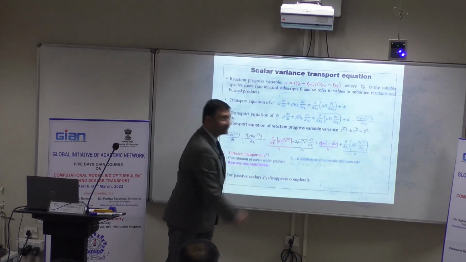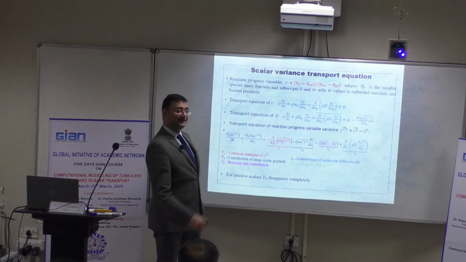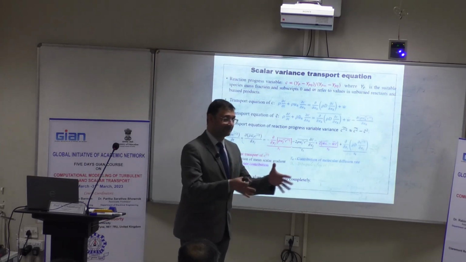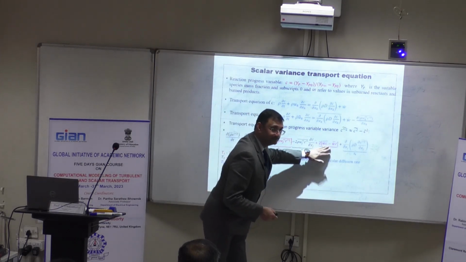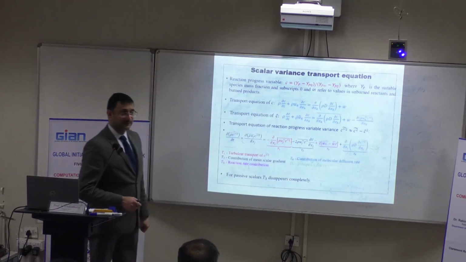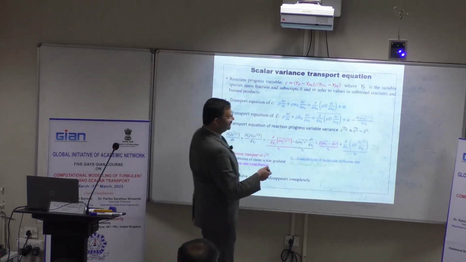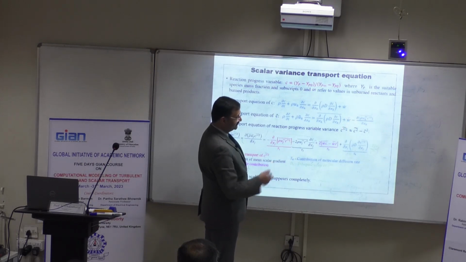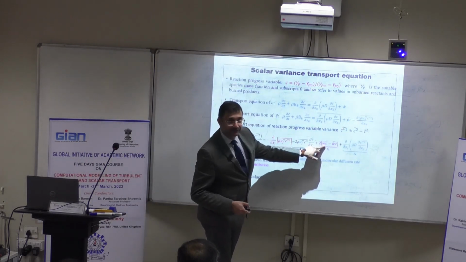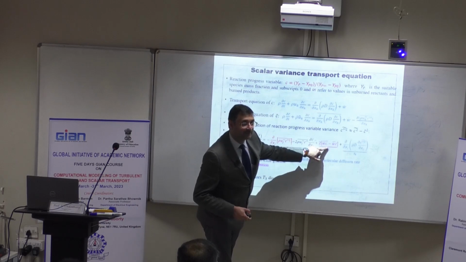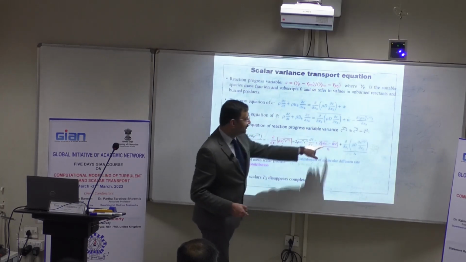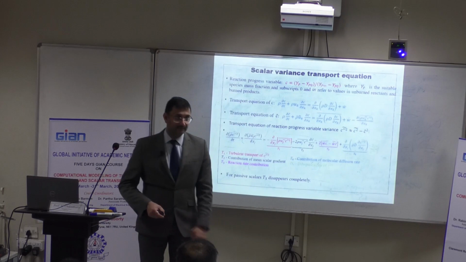This term is unclosed because mean reaction rate we talked about, this is an unclosed term. You need closure for this. Already you need closure for mean reaction rate, but now I have correlation between reaction rate and reaction progress variable. So I need a model for this one. Clear?